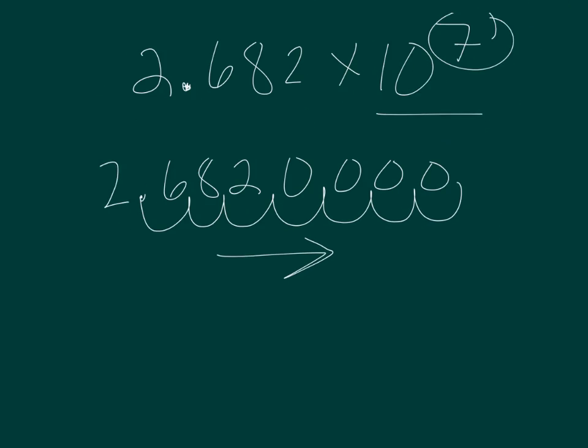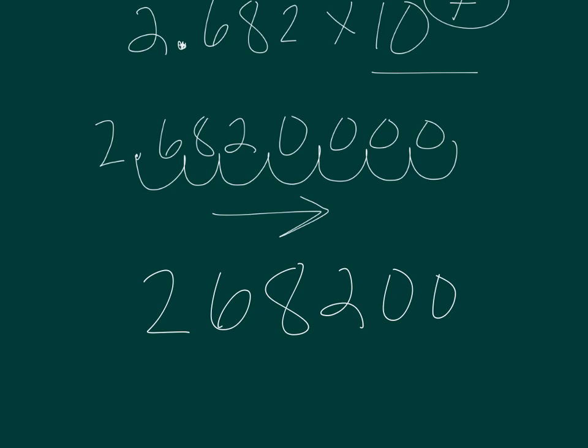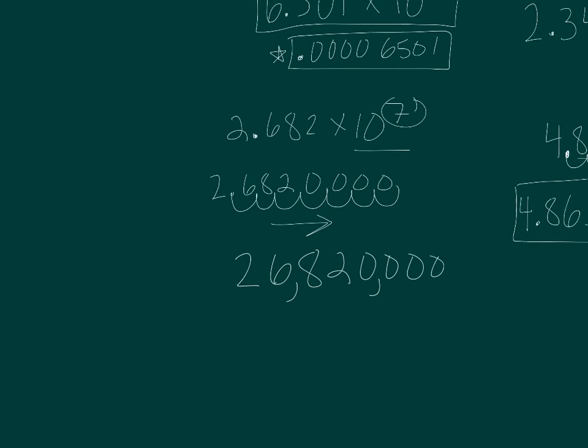Let's write our final answer. Our answer is 2682, and we should have 1, 2, 3, 4 zeros. I can add in my commas, 26,820,000. Awesome.